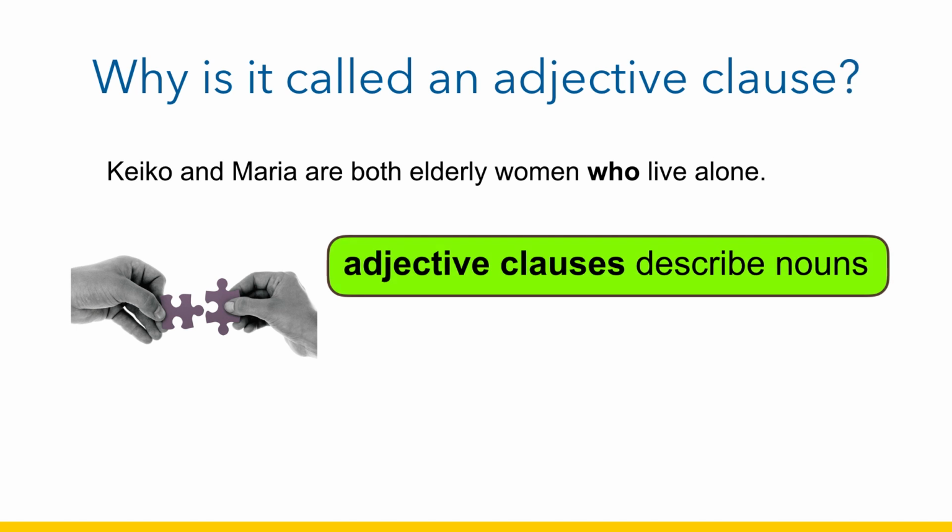Adjective clauses, similarly, tell us more about a noun, so they do the job of an adjective. Who live alone is the adjective clause, and it's describing a noun here. Which noun is it describing? That's right. It's telling us more about the women.